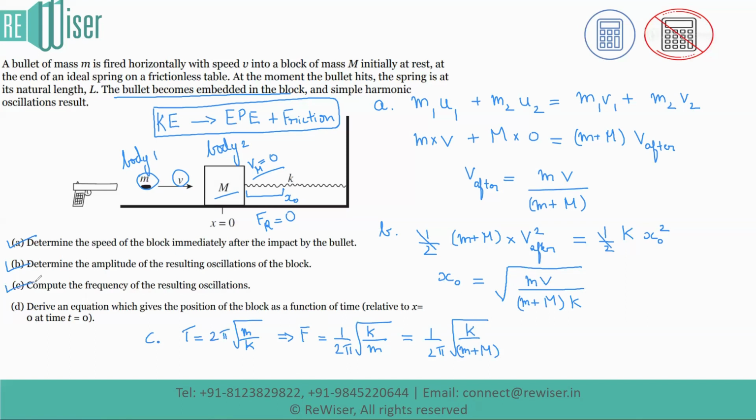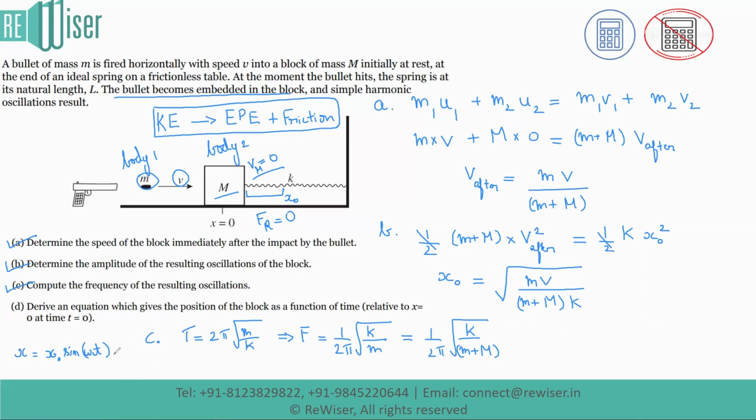Now, part D asks for an equation which gives the position of the block as a function of time. We know that the equation can be written in general as x equals x naught sine omega t, where omega is 2 pi f.